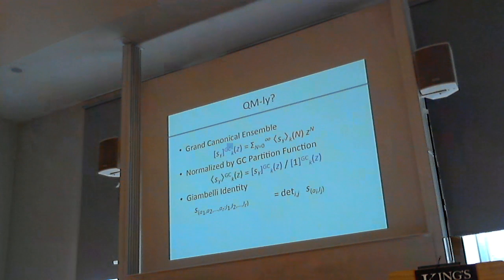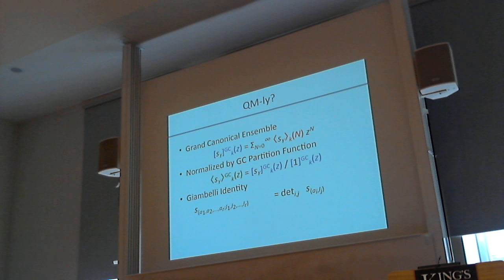So far, it is a classical formula for the loop operator. The next question you want to ask is whether it holds quantum mechanically. For this purpose, let us define the vacuum expectation value in the grand canonical ensemble. Namely, you start with the vacuum expectation value from before, and you introduce the fugacity z and define a generating function here. Then you normalize it by the grand canonical partition function to get this grand canonical bracket.